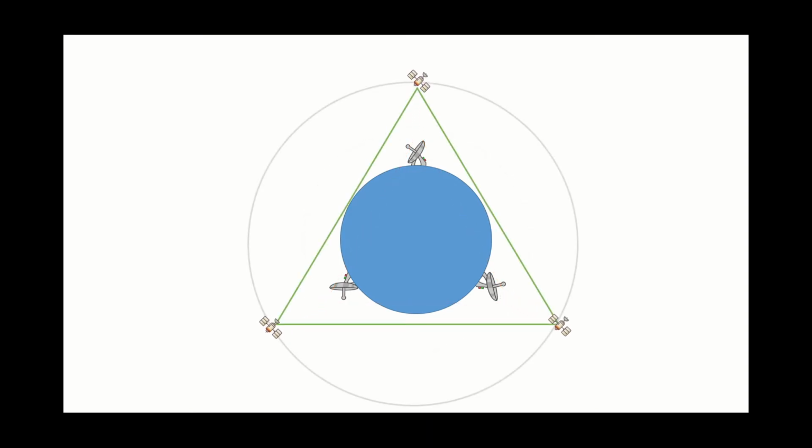So let's place the satellites in the cheapest orbit, which is as close to the Earth as possible. However, they cannot communicate with each other. The Earth is blocking that. That's no problem. We can raise our satellites' orbit to a higher orbit, and we can see that they are in communication with each other.